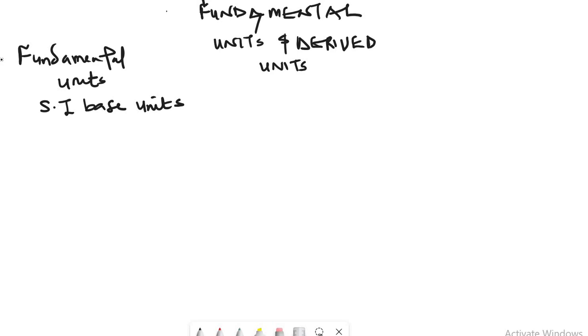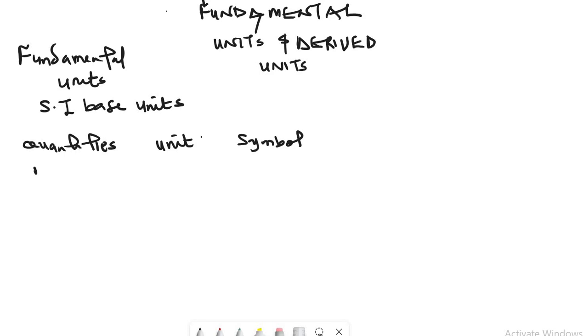Now, let's list them. Let's look at them. The quantities, like I said, we have just 7 fundamental quantities in physics. Let's see the quantity in tabular form, the unit, and the symbol. Like I said, we have 7 fundamental quantities.